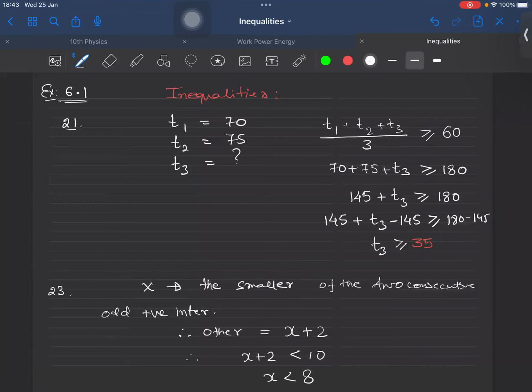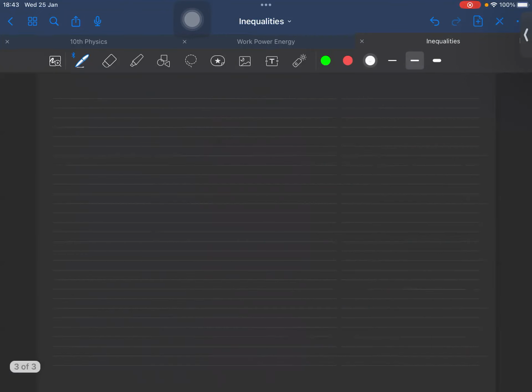Right. Now what else is given? The sum of both the integers. So x is the first integer plus x plus 2 is the second odd integer. Of course, we are talking about odd positive integers. And this sum is greater than 11. So what we are getting from here, 2x plus 2 is greater than 11, right?